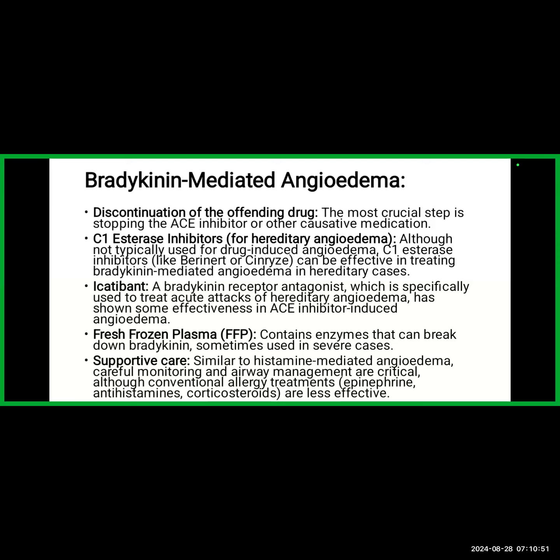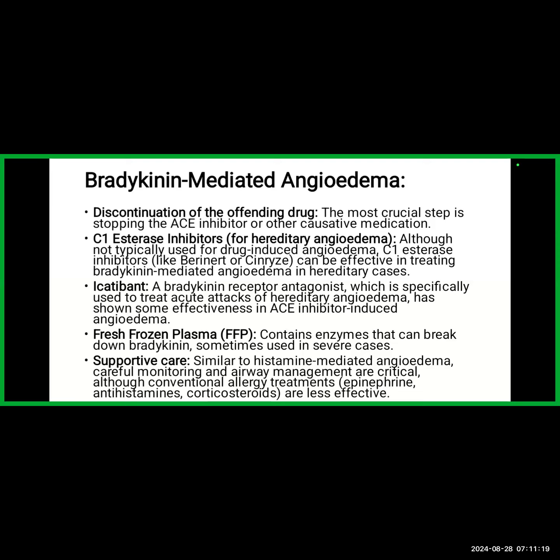Then there's a drug called icatibant. It's a bradykinin receptor antagonist, specifically used for hereditary angioedema, and it might be effective in patients with ACE inhibitor-induced angioedema. You can also give them FFP, and FFP would be the most likely treatment in this case because it is cheap and readily available compared to icatibant.